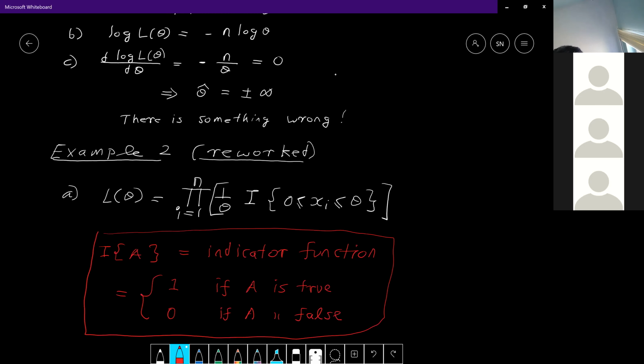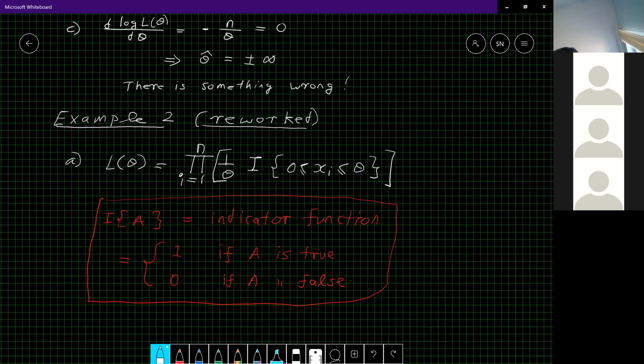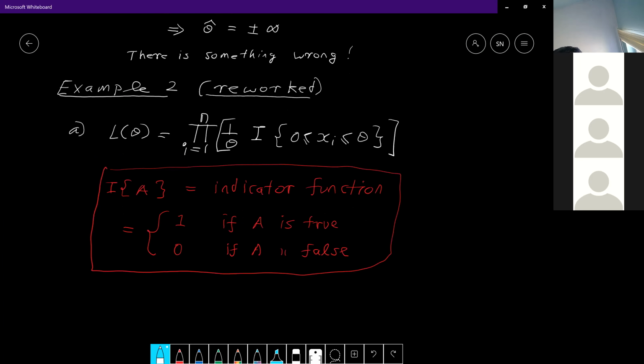In this example, the I function takes the value 1 if xi is between 0 and theta, and it takes the value 0 otherwise.